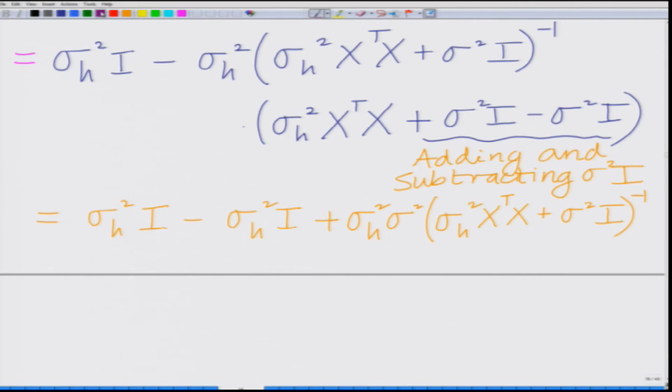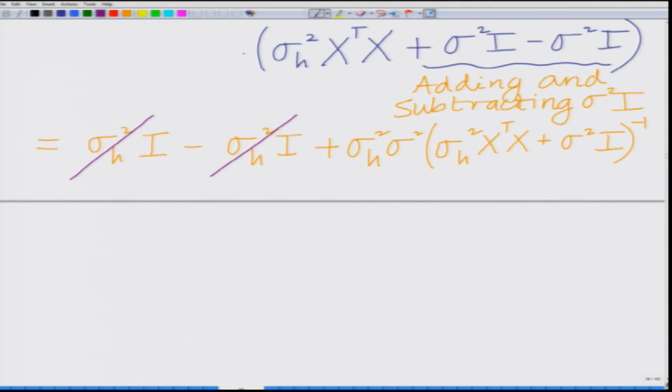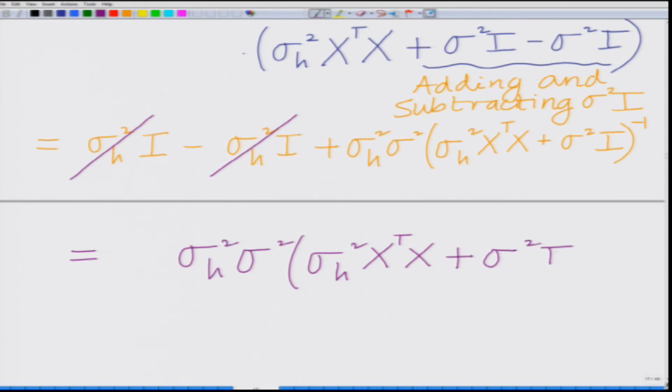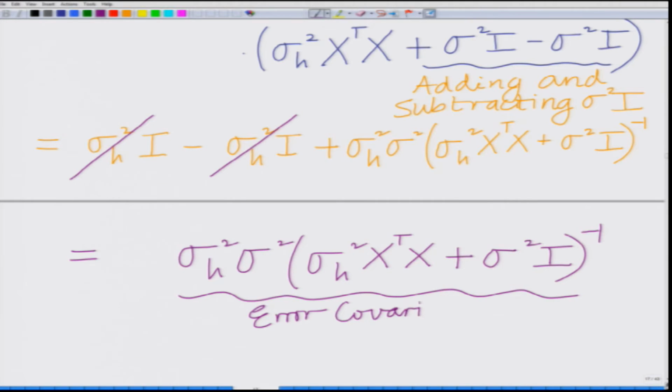And now, you can see these two quantities, sigma h square identity minus sigma h square identity, cancel, and what we are left with is the error covariance: sigma h square into sigma square times sigma h square x transpose x plus sigma square identity inverse.